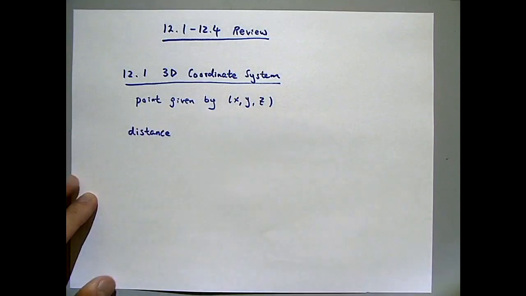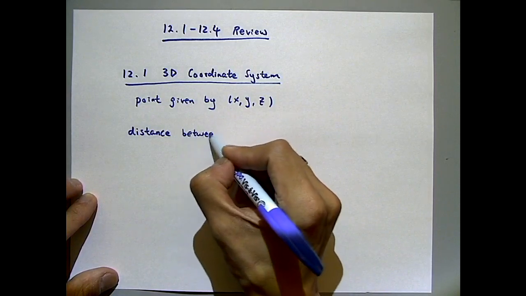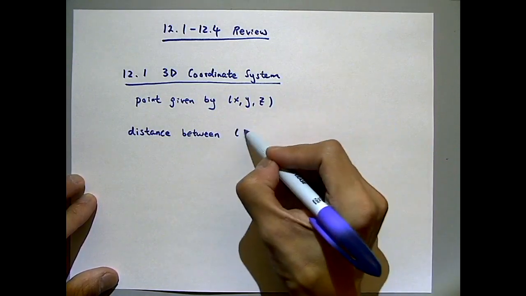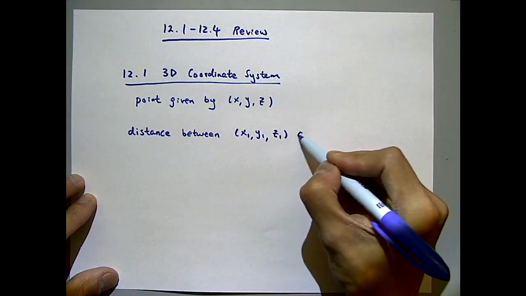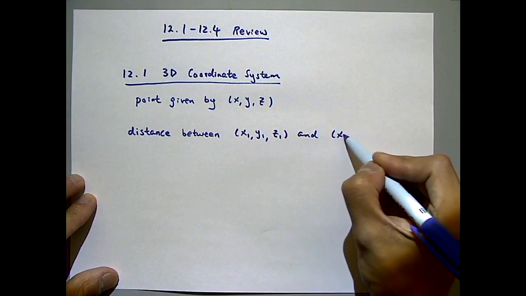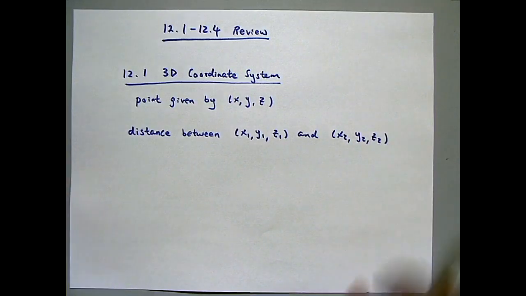Much of what you know about 2-dimensional system still applies in 3-dimensional and even higher dimensional. For example, the distance between 2 points is from the very familiar distance formula that you know.